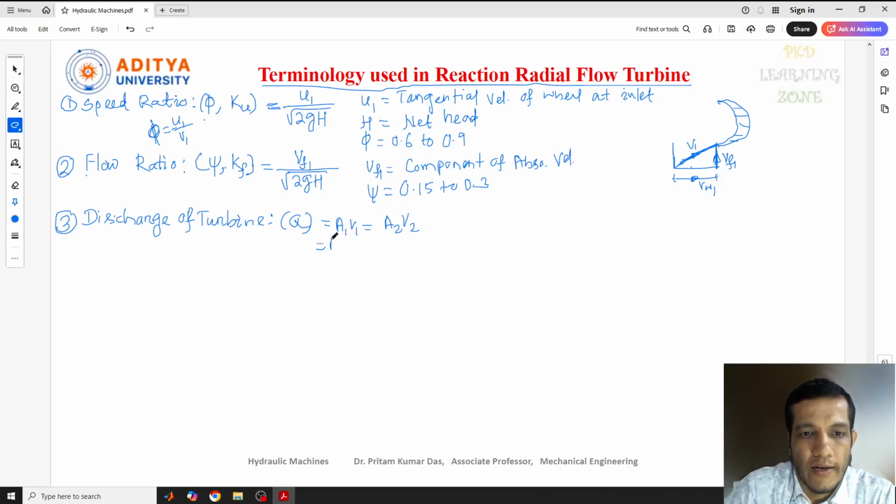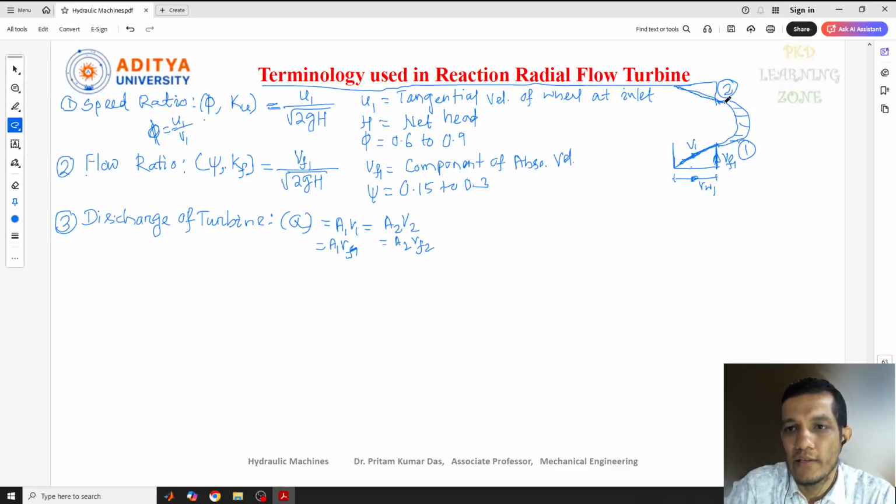So this one we can write again A1 VF1, and this one can be written like A2 VF2. 1 means inlet condition, 2 means at the outlet condition. Suppose if I consider here, this is 1 and this is 2 at this outlet condition, the velocity triangle will be like this.